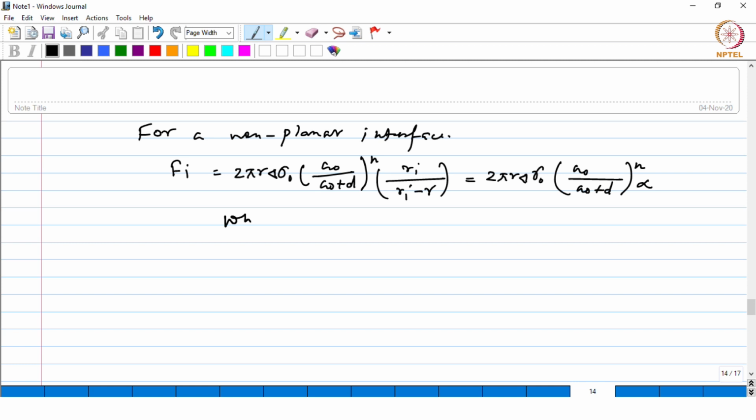When A naught plus D is much less than R. So for alpha greater than 1, a concave interface develops and Fi is increased.